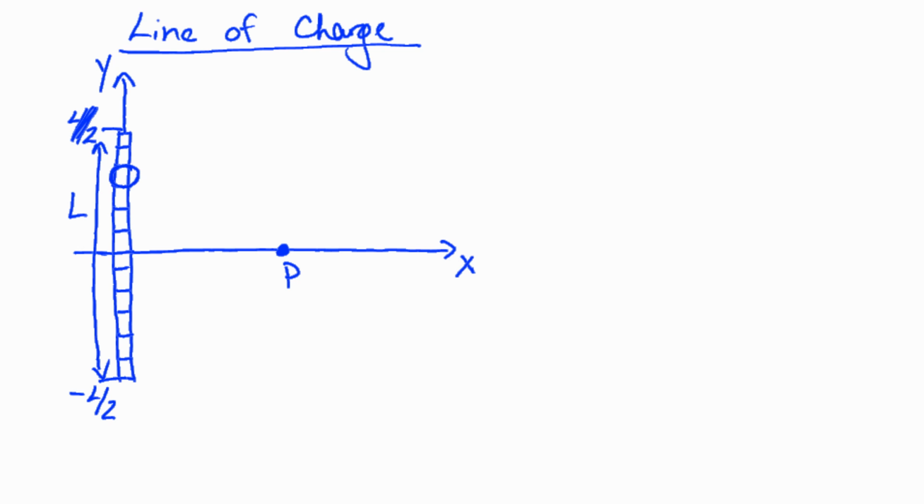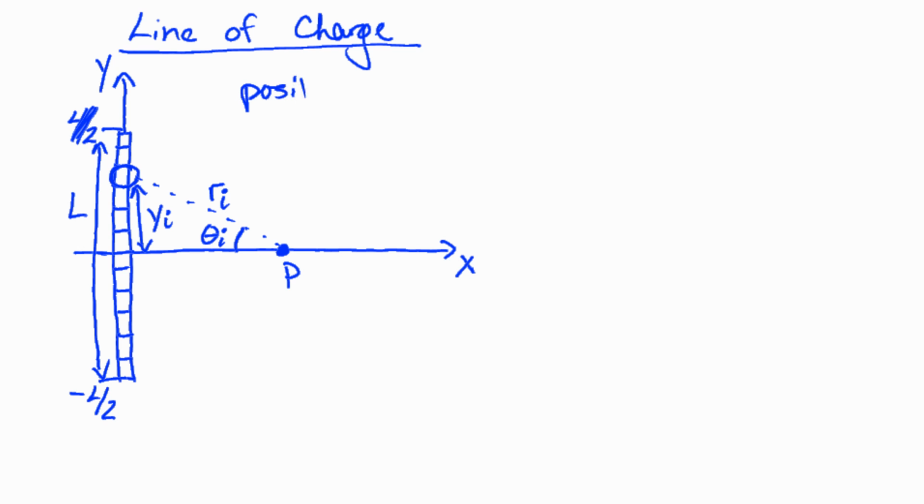Say this one right here. So this segment is a distance y sub i in the y direction. It is the distance r sub i away from point P and makes an angle of theta sub i with respect to the x-axis.